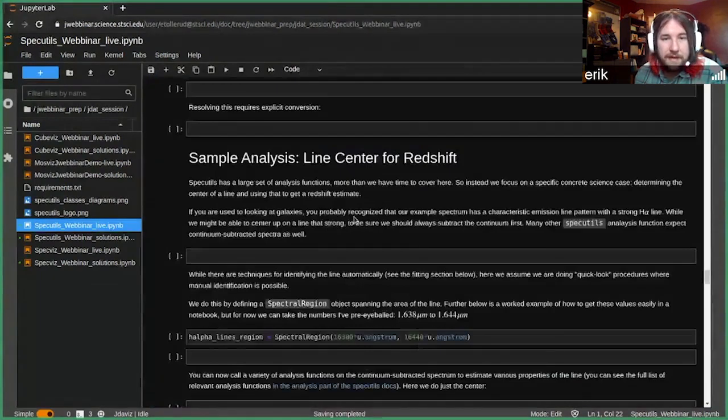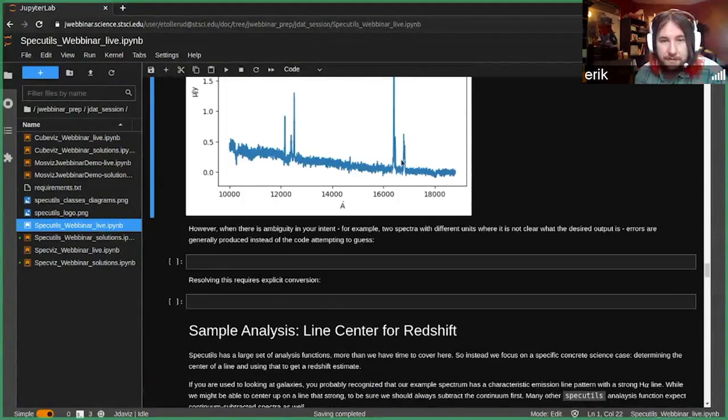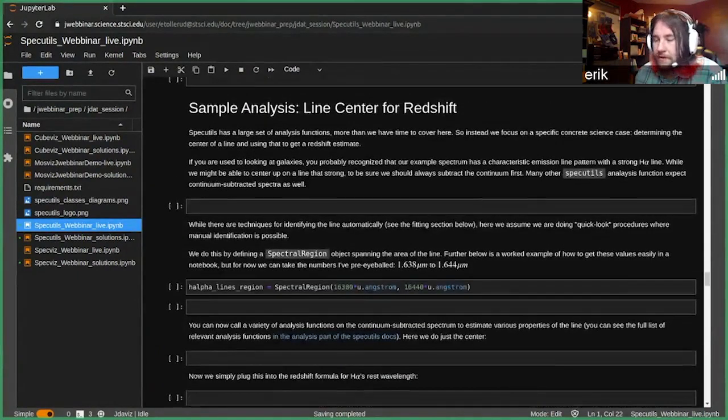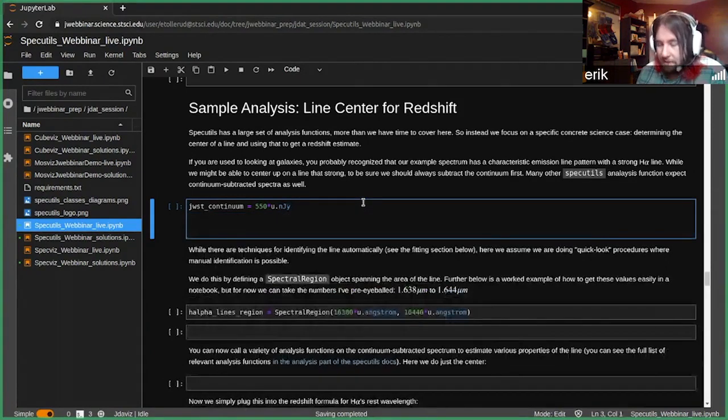So most notably then, because what I do want to do is measure the centroid of this line, is the simple analysis I wanted to do. You can even do this as long as they're compatible units using other units like nanojanskis, which are a more convenient way to write the continuum in this case.